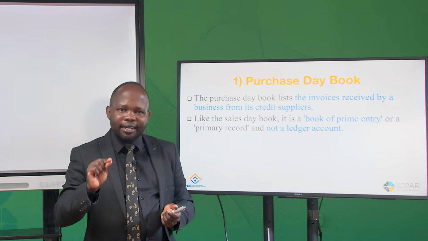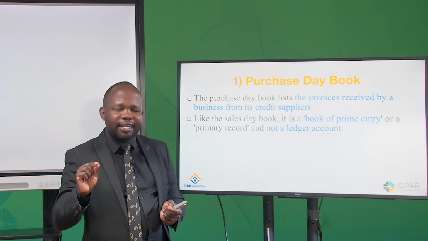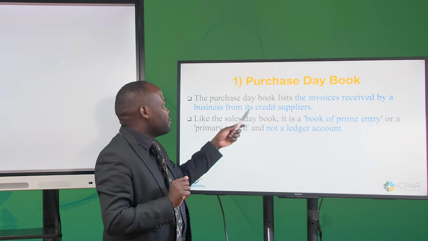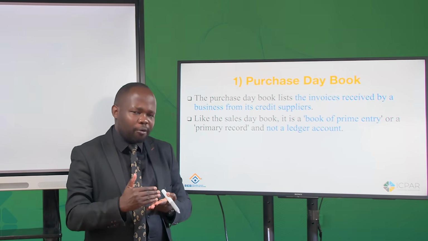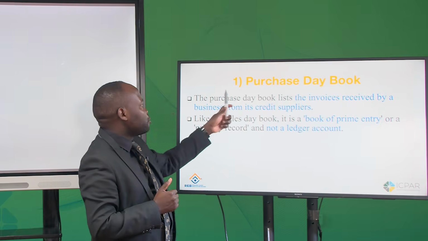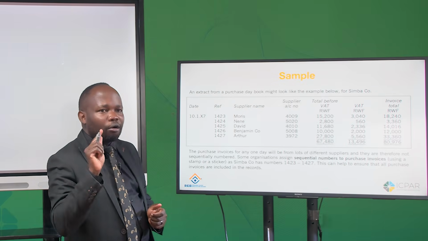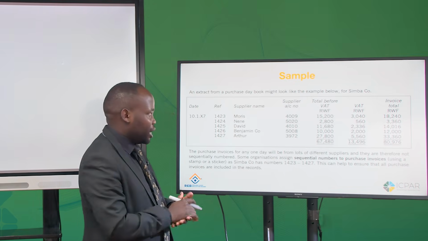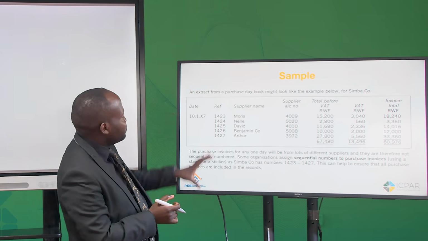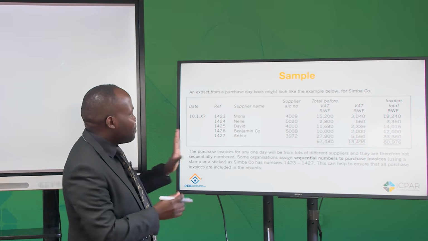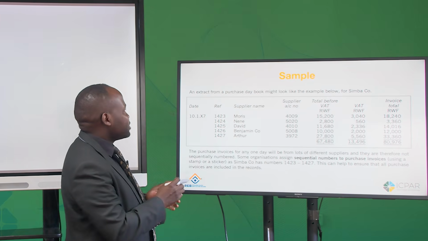When we purchase on credit, we post in a purchase day book. So if there are any invoices from the supplier, we post them in a purchase day book, which is a book of original entry. An example: it's exactly the same as the sales day book, but now it's dealing with suppliers.